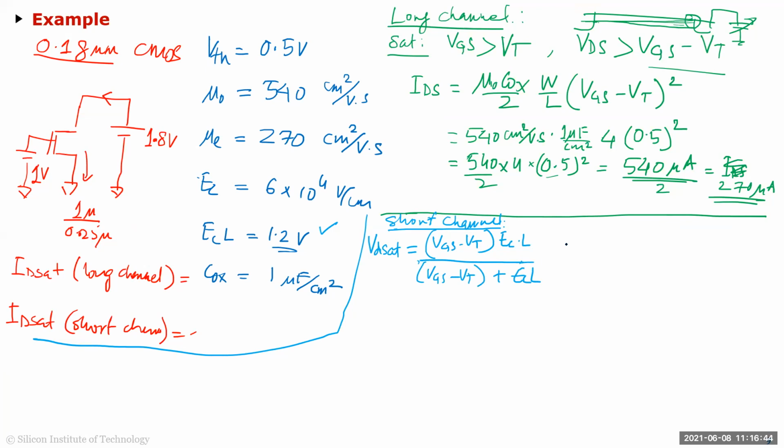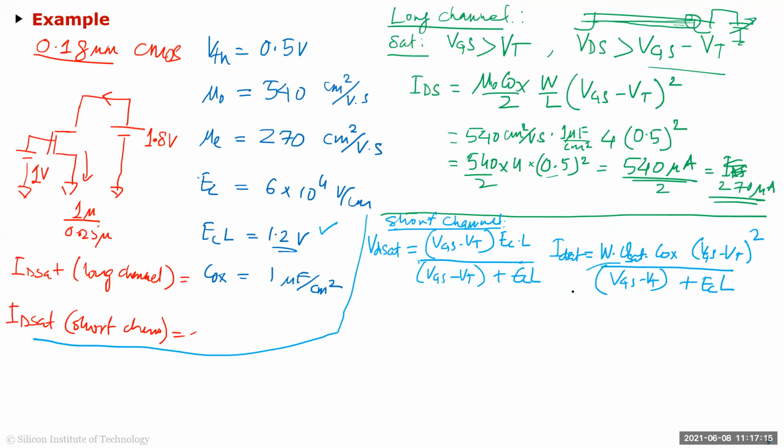If you are happy that yes, it is in saturation, then you're going to use this equation: IDSAT equals W times the saturation velocity times Cox times (VGS minus VT) squared, divided by VGS minus VT plus ECL.